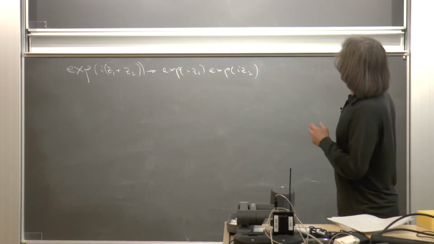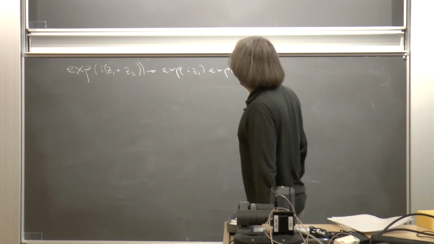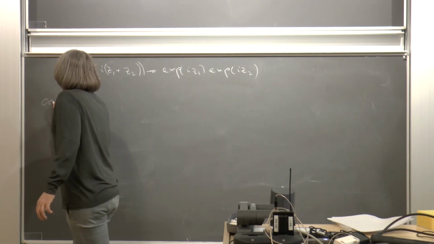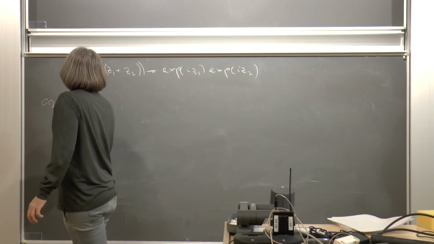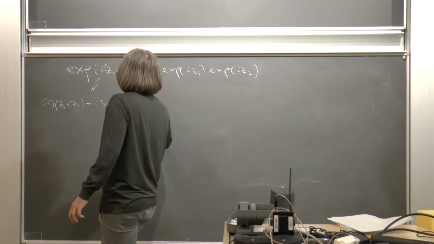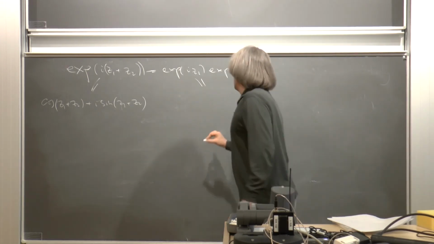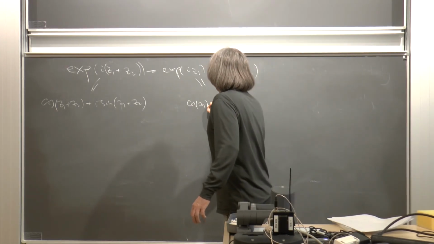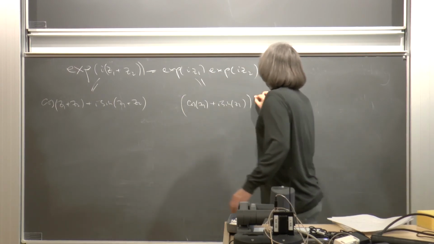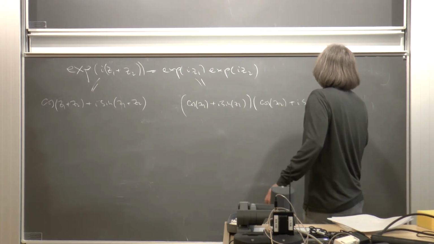Now let's rewrite both of them, and then we'll get, so this thing is cosine of z1 plus z2 plus i sine of z1 plus z2, and this thing is cosine z1 plus i sine z1 times cosine z2 plus i sine z2.